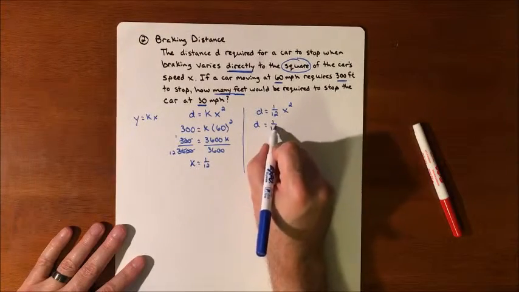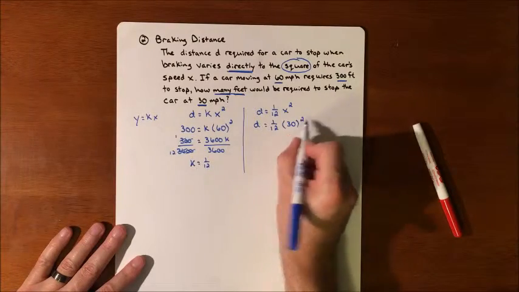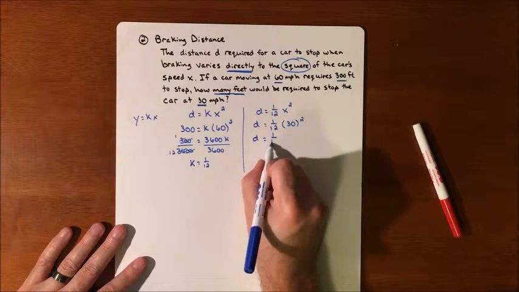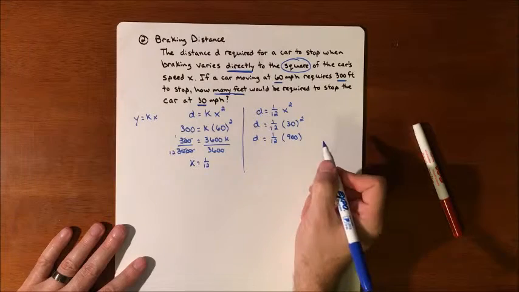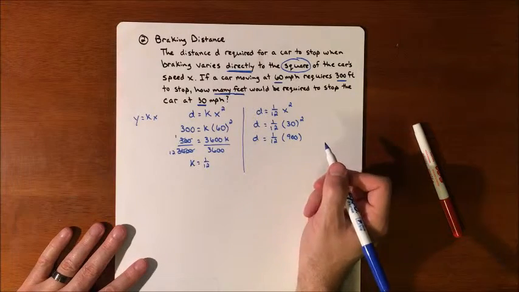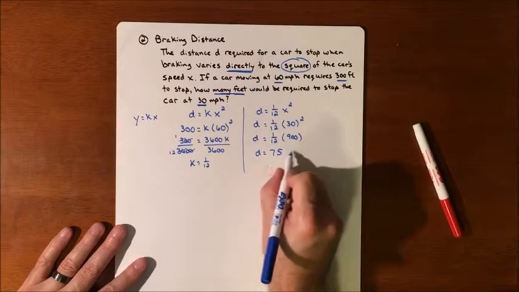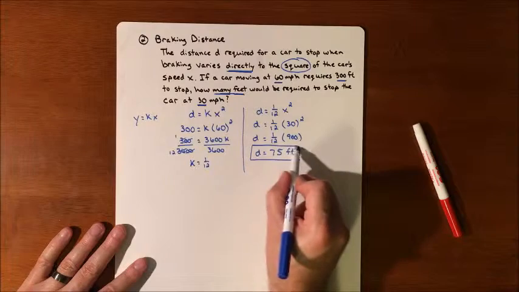So it's going to be 1/12 times our speed, which is 30 squared. So that distance is going to be 1/12 times 900, and 1/12 times 900, that distance ends up being 75 feet.